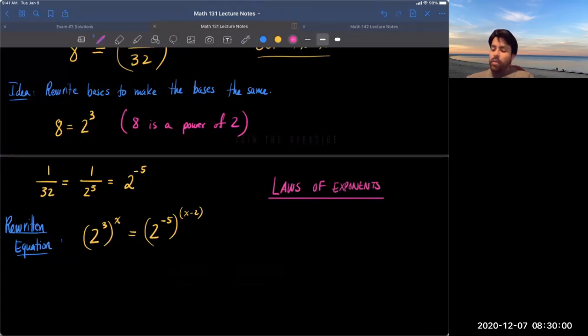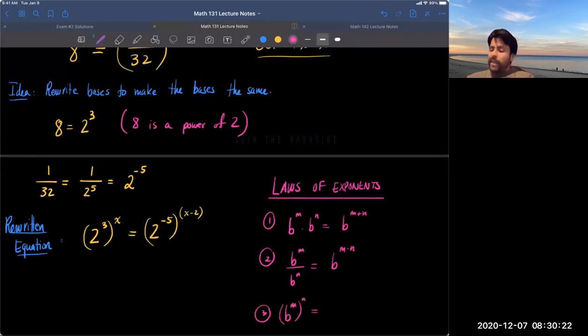But just as a little quick review, let me write this as b. b raised to the m power times b raised to the nth power is b raised to the sum of the exponents. If you have b raised to the m power over b to the nth power, this is the difference of the exponents. And if you have b raised to the mth power raised to the nth power, this is the product of the exponents.